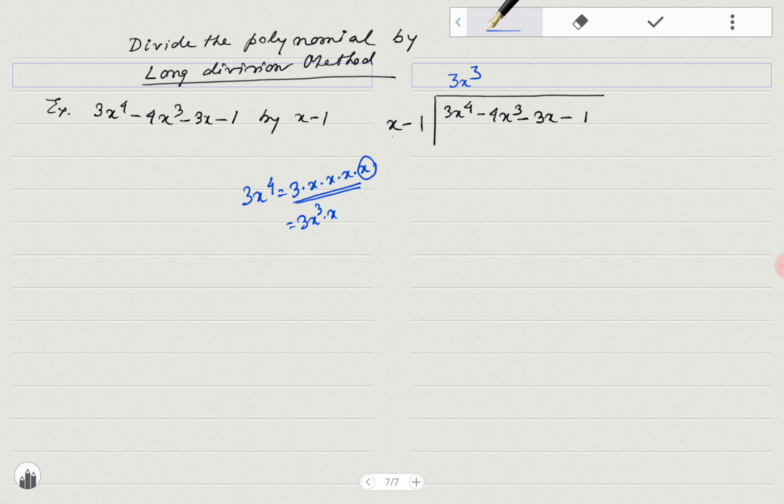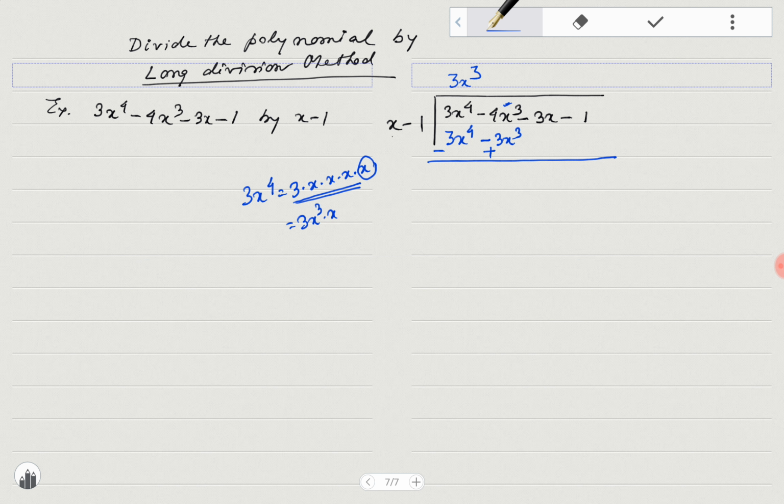When you multiply these things, it gives you 3x to the power 4, and multiplying with minus 3x cubed, this is the x cubed term. So you write here minus 3x cubed just below this. Now put here minus and put here plus.